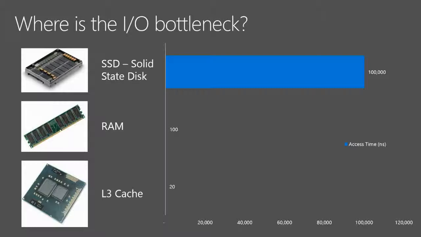So having data in RAM means having a better access time. But the RAM is the new bottleneck. The RAM is the new I/O. Because when you have to scan a lot of RAM, having this column that you have to scan multiple times in the L3 cache is important.